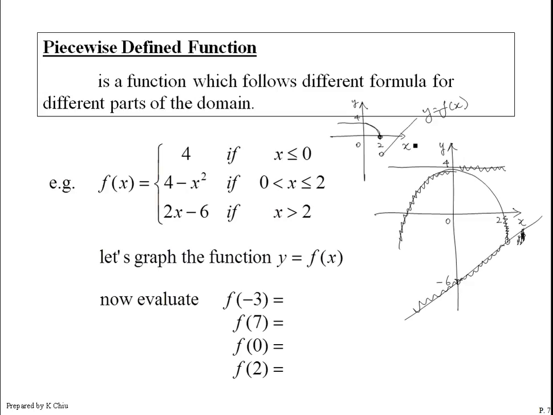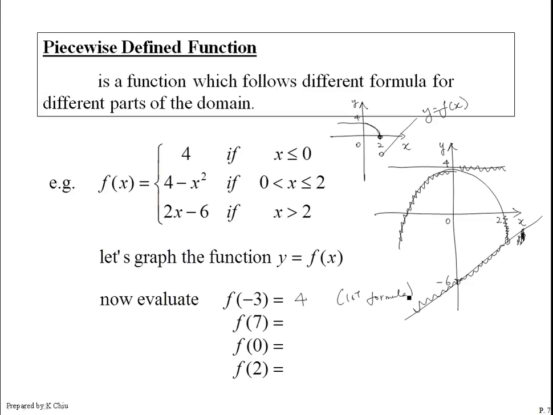When x is equal to negative 3, y would be equal to 4. We use the first formula. Why do we use the first formula? Because the input is negative 3, which is less than or equal to 0. So we follow the first one.